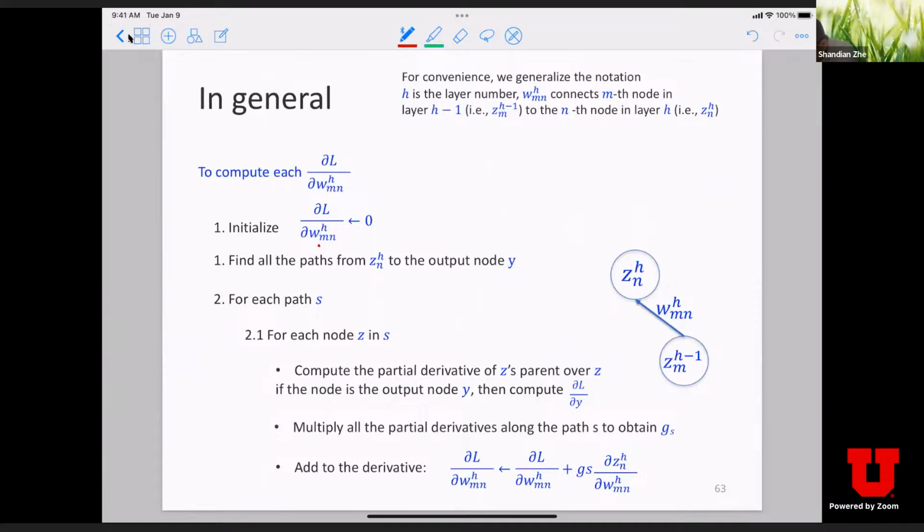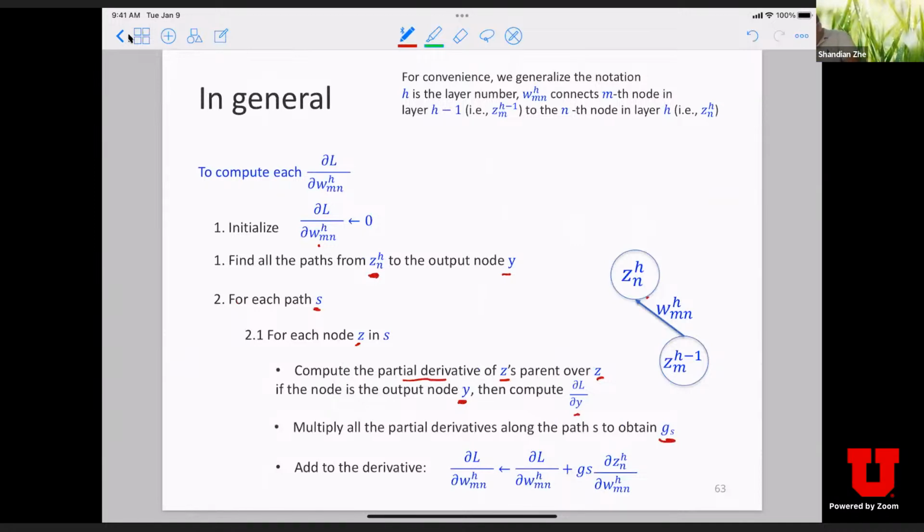Then we find all the paths from the target node ZNH to the output node Y. Then we enumerate every path S, and for each node Z in S, we compute the partial derivative of its parent, namely the node the edge starting from Z points to, over Z. If you reach the output node Y, then you compute partial L over partial Y. Then you multiply all the partial derivatives along the path S to obtain GS, which is the gradient along that path.